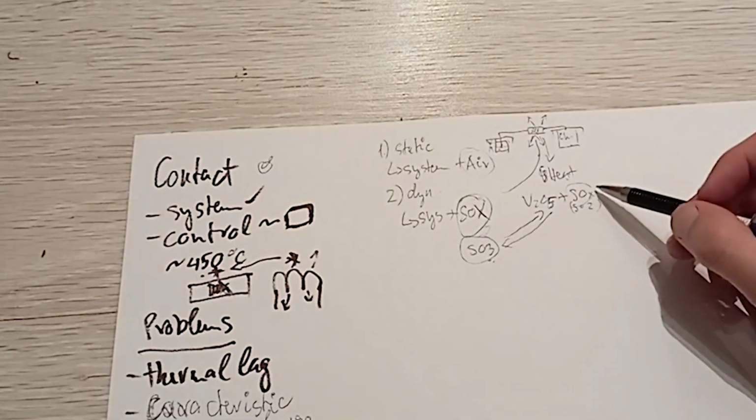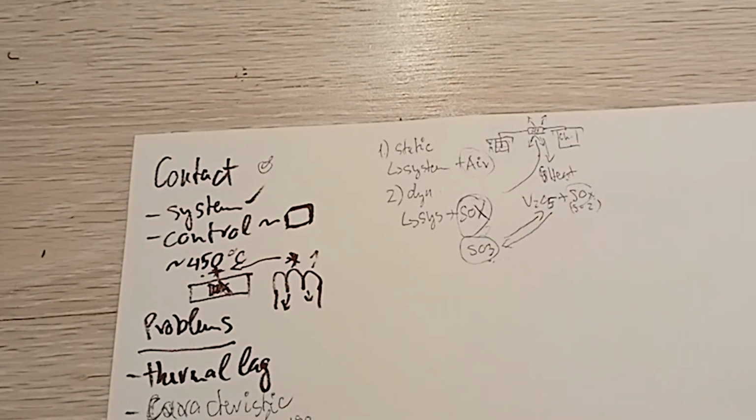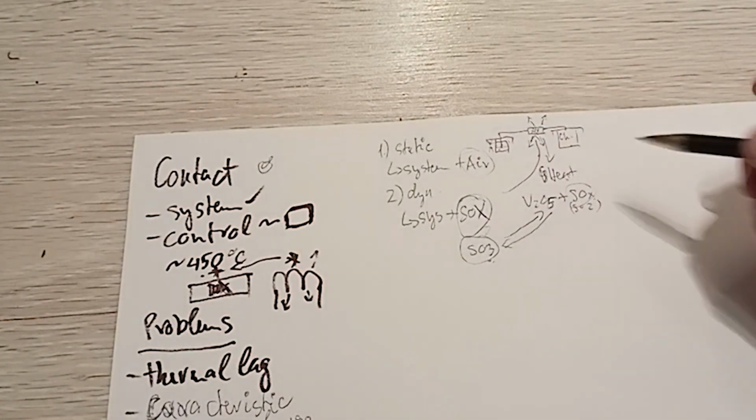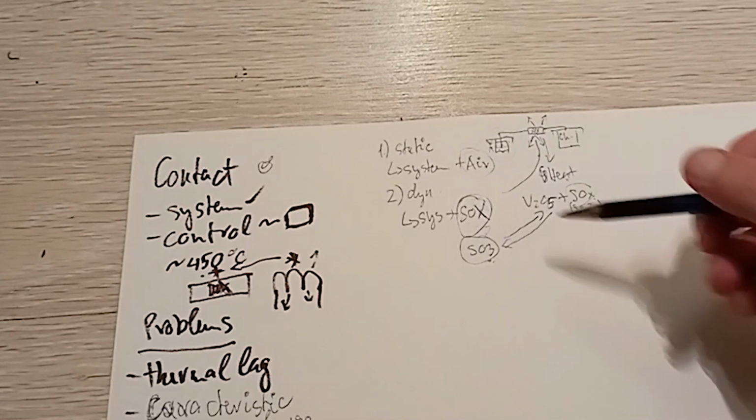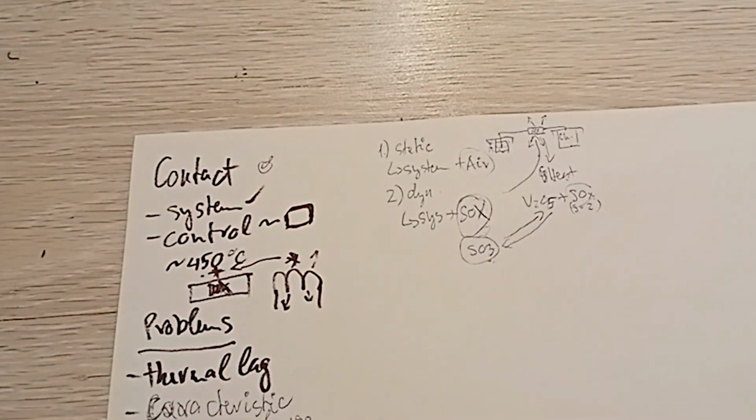With higher temps this can redox and get converted back into the SO2 version, which is not good, because the water that is used to capture the sulfur trioxide is not going to react with the sulfur dioxide. Sulfur dioxide really doesn't like to react with anything. It just goes out the window when the system converts it back. The vanadium pentoxide can act as a redox agent in here, so that's not really what we want.